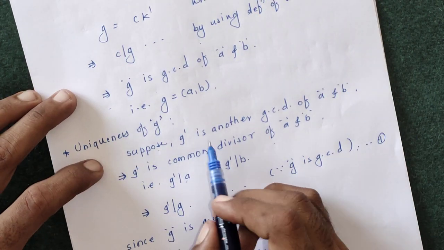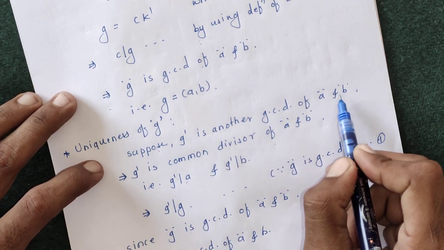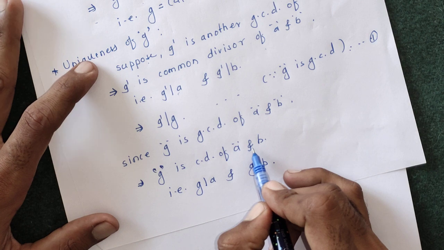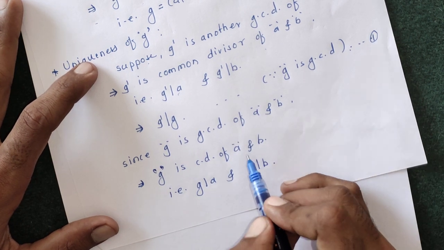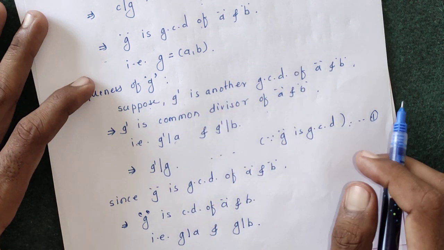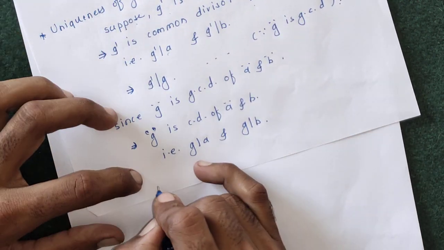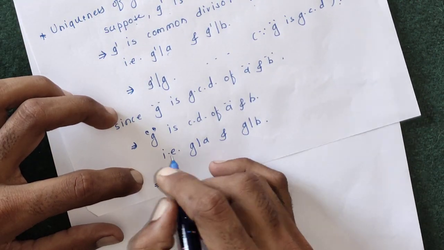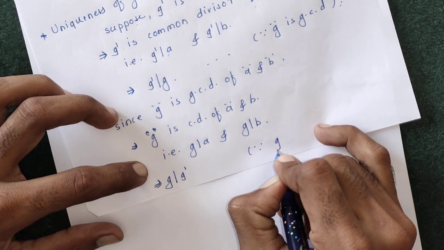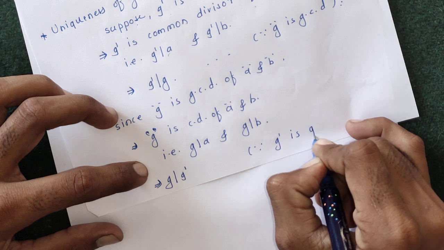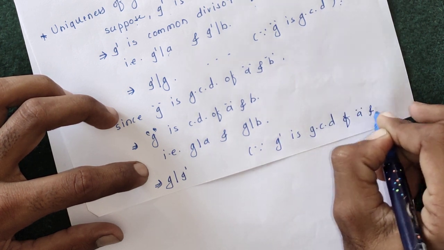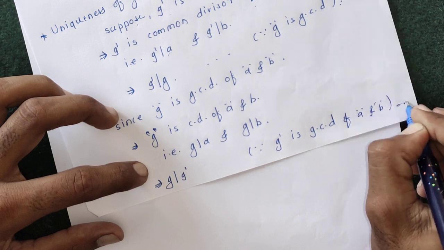Now we have supposed g prime is the GCD of a and b. So g prime is the GCD and g is a common divisor, so g must divide g prime. This implies g divides g prime, since g prime is the GCD of a and b. Equation number 2.